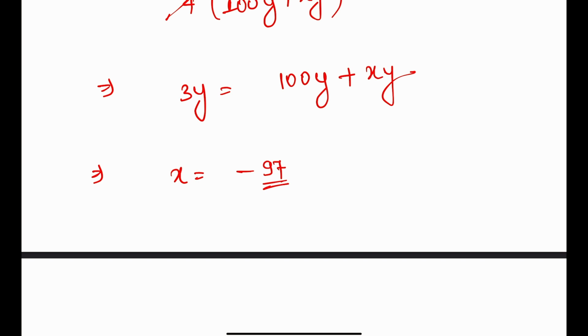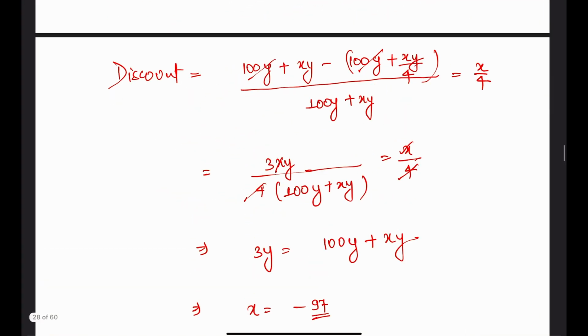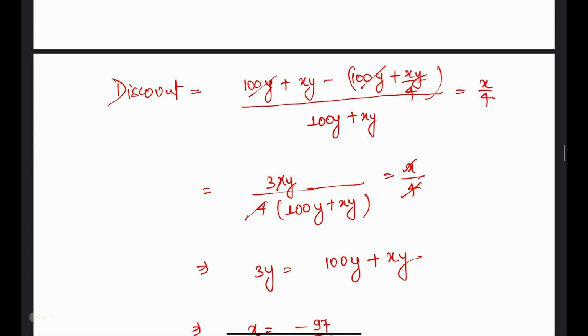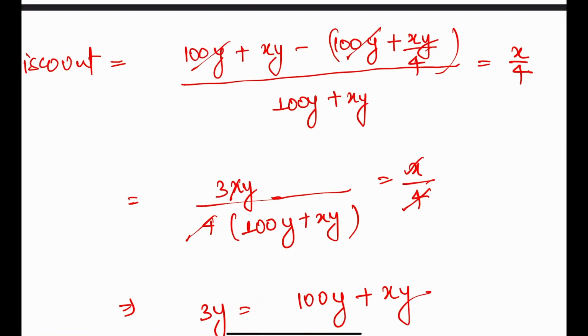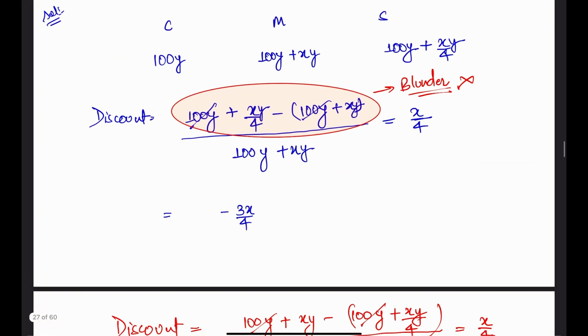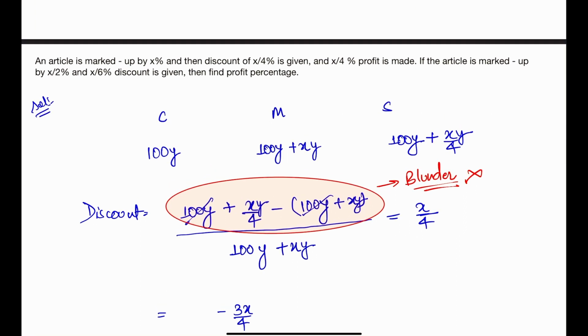It does not make proper sense. Where did I make a mistake? So everything is in comparison with the article made x% hike, so a hike I have increased, and then selling price is x by 4 profit made. Profit is always compared to the cost price, so I have written the cost price.